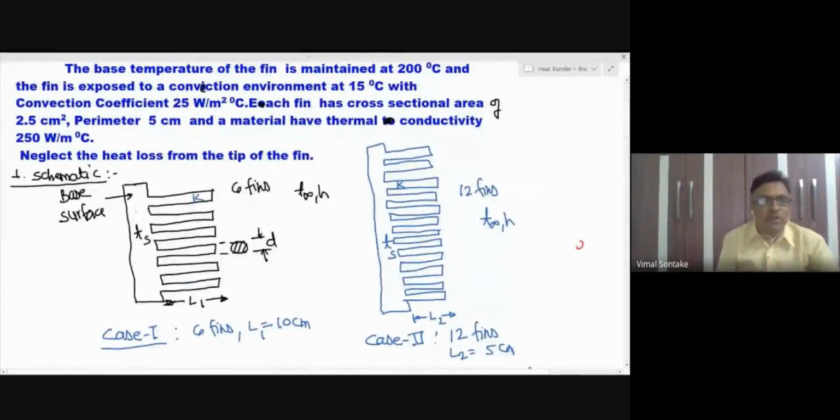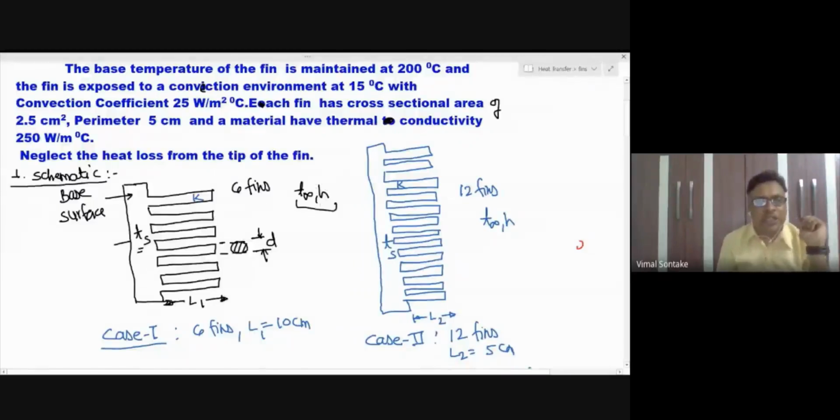So in this problem, as you can see in case 1, there are 6 fins of 10 centimeter length connected to some base surface at temperature Ts, and they are exposed to the surrounding having temperature T infinity and convective heat transfer coefficient h.